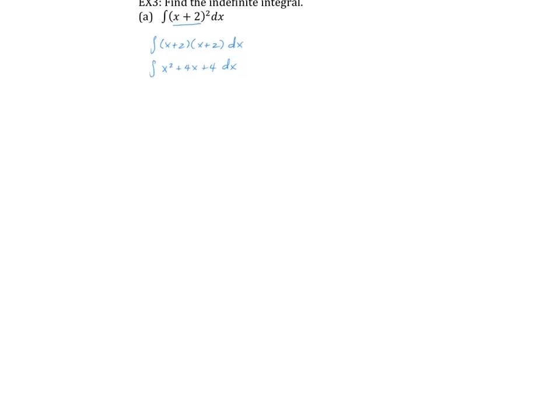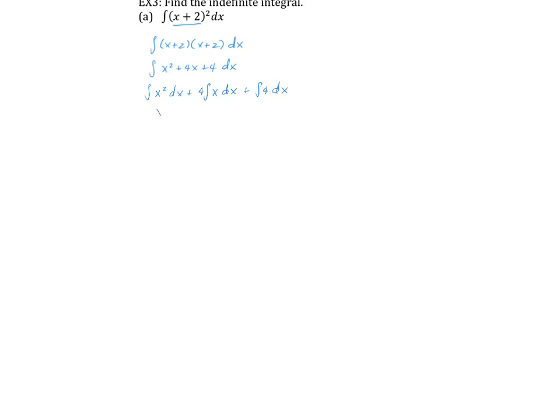Now this is all addition, so by the rules above I could separate this into 3 different integrals: the integral of x², plus, this is a 4x, so I can bring out the 4, 4 times the integral of x dx, plus the integral of 4 dx.